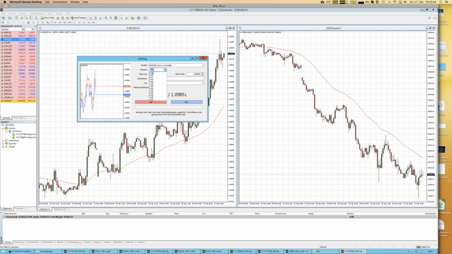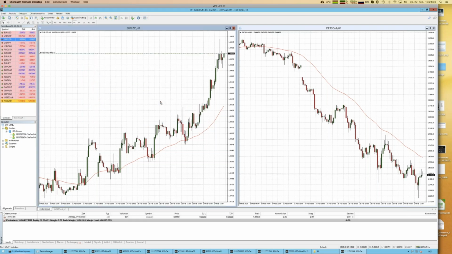I start with the smallest available volume, which is 0.01, always in terms of lots. So 0.01 is my volume of choice. I'm against the market and I sell. Let me do it. It's done.